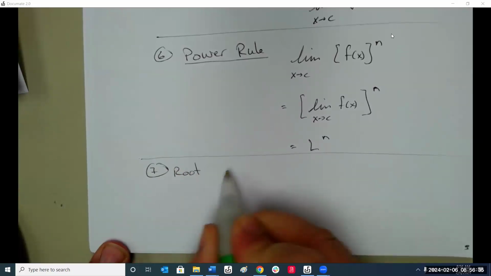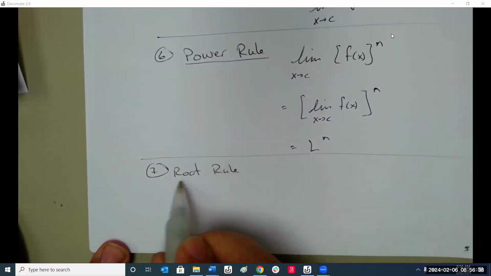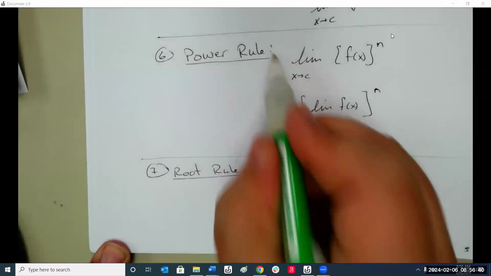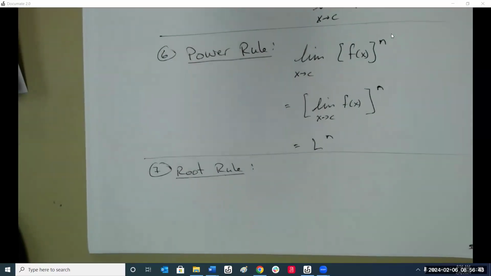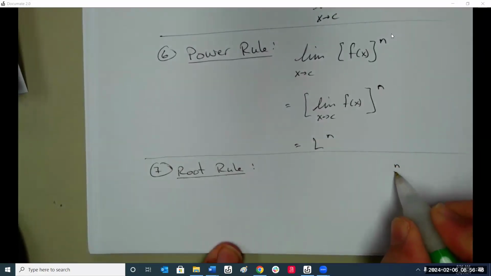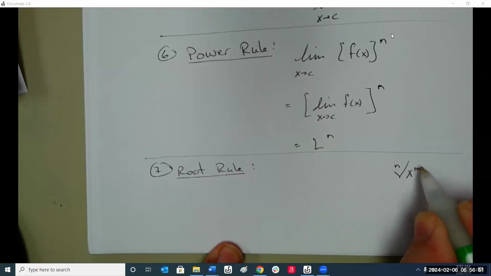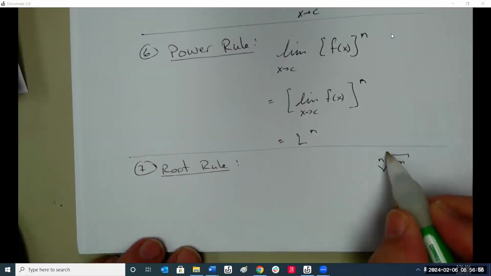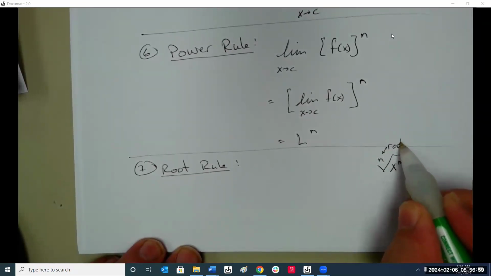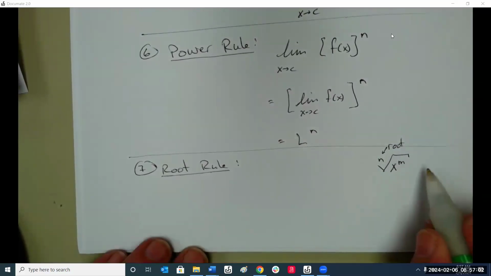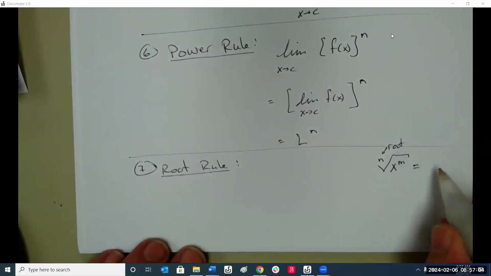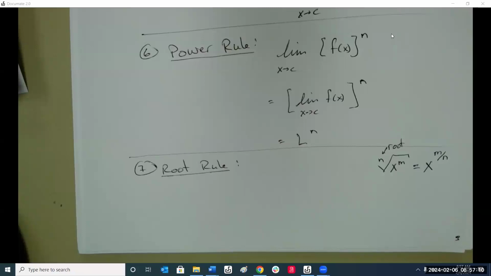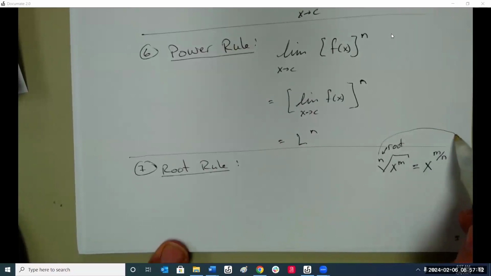And the last one, the power and the root rule are pretty much the same thing. Because remember, whenever you have a radical, this is the root, and that's the exponent. We can rewrite this function as a rational exponent, where the root goes on the bottom.